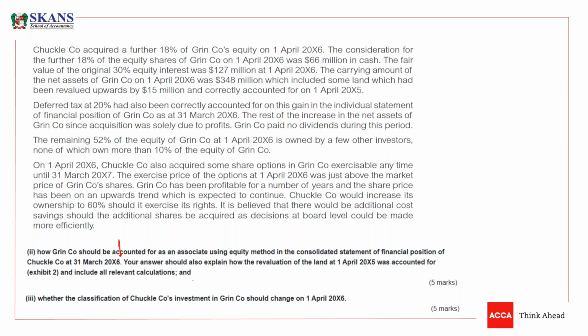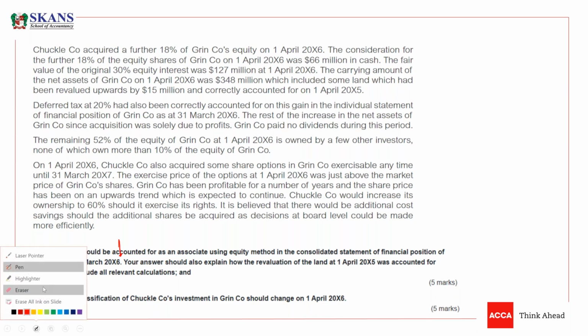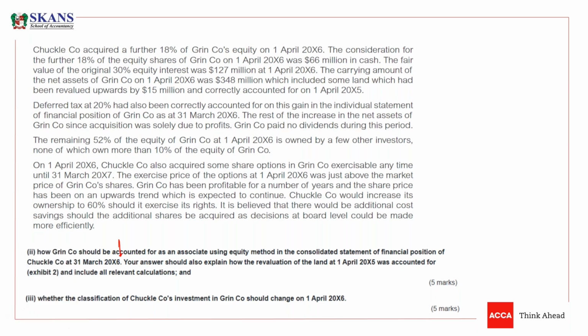Always divide requirements into multiple requirements. Always do that if you want to pick the easy marks. So now I need to divide this. The first part is how Green should be accounted for as an associate. So I have to give an explanation.